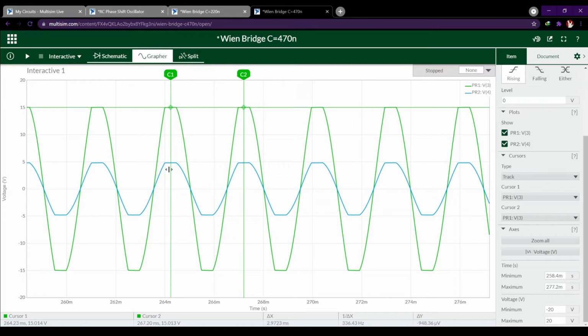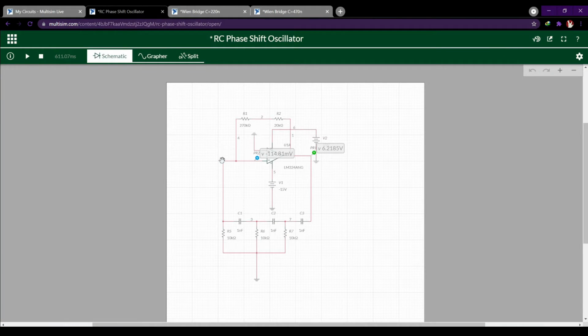As you can see, the waveform is not distorted; it's a nice sine wave, smooth from here as it goes down. Next I'll be explaining about the RC phase oscillator.